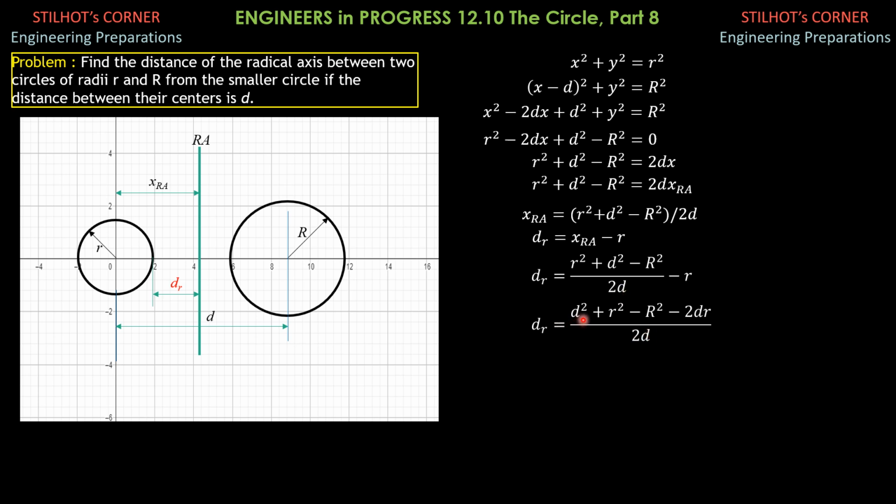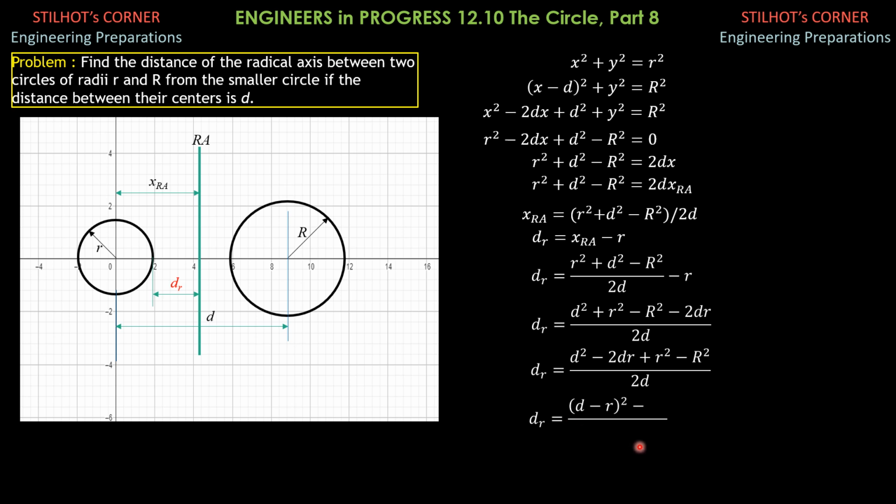And we group d squared minus 2dr plus small r squared because it is a perfect square trinomial. Then minus big R squared all over 2d. And finally, since this is quantity d minus small r squared, then minus big R squared over 2d. That's the expression or formula for d sub r.